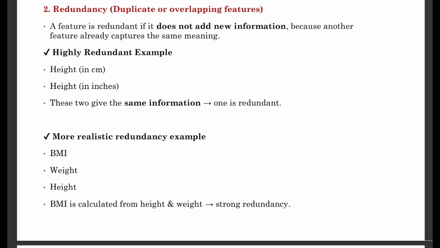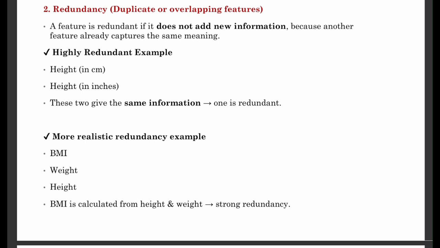These two give the same information, so one is redundant. And the most realistic example is BMI, weight, and height. Since BMI is literally calculated from height and weight, having all three is highly redundant.